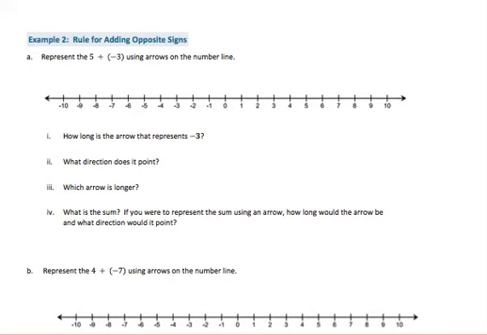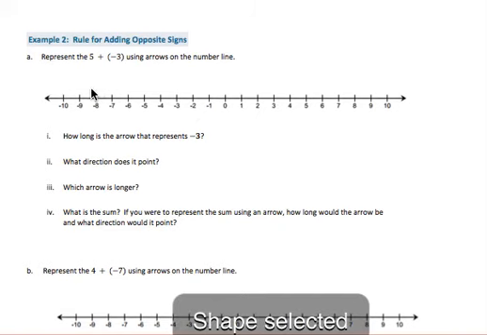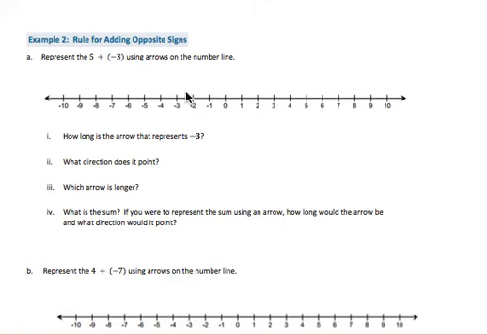Now in example 2, we will look for the rule for adding opposite signs. In this example, we're going to represent 5 plus -3 using arrows on the number line. 5, being a positive number, would be 5 units pointing to the right.